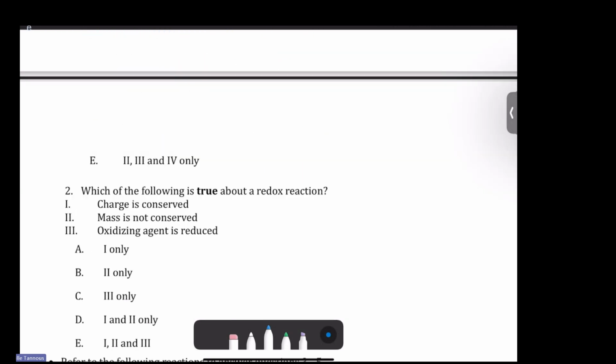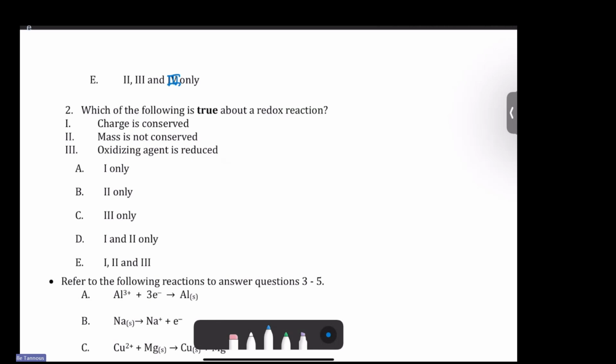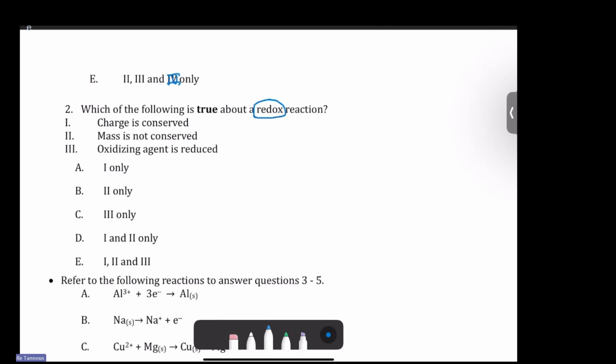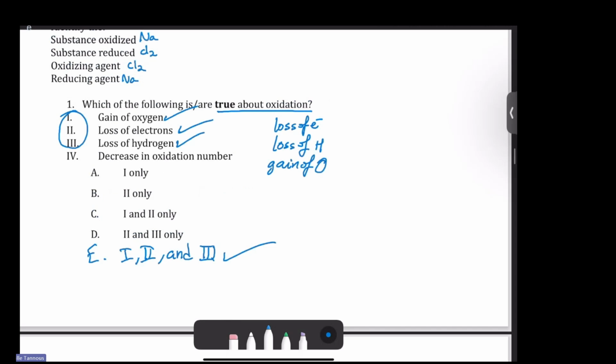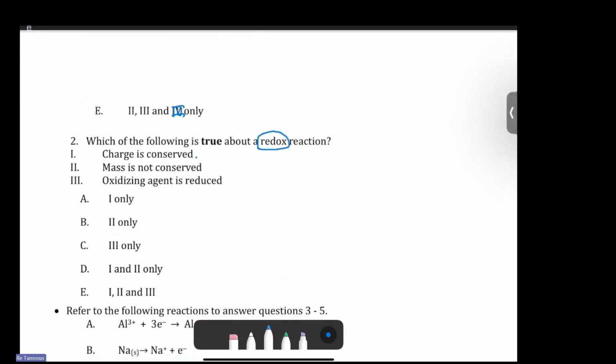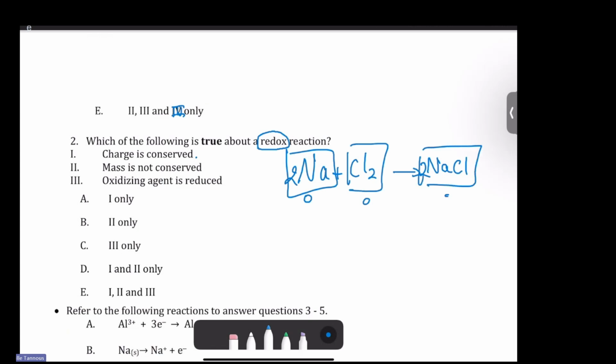Okay, next. Which of the following is true about a redox reaction? So a redox reaction is an overall reduction and oxidation reaction. It involves a reduction and an oxidation. Charge is conserved, yes, because when I have a redox reaction, for example, the one that was given here, Na plus Cl2 gives NaCl, even if it's balanced, overall 0, overall 0, overall 0.